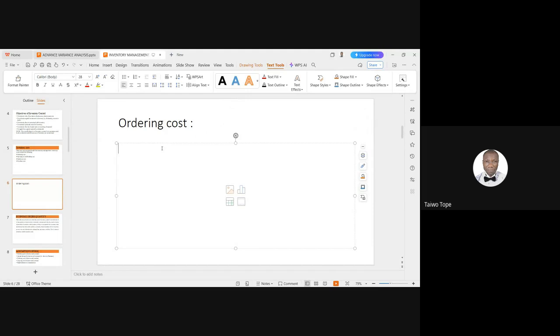And when we talk about ordering costs, these are costs incurred when placing an order up to the point of receiving the goods into the warehouse.